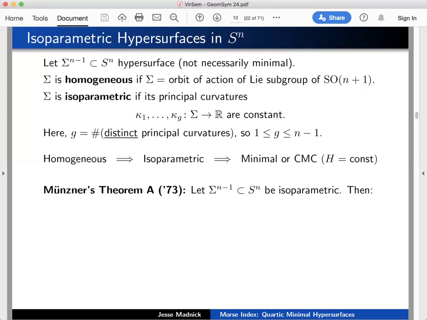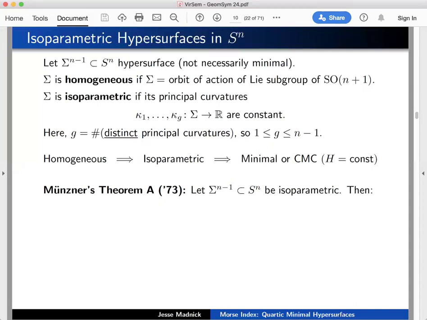Münzner proved some really, truly amazing results. I'm going to summarize some of Münzner's results in two results that I'm going to name theorems A and B. Theorems A and B are not their actual names; I have to call them something. Münzner showed the following. Suppose sigma^(n-1) is an isoparametric hypersurface in the sphere. He asked the question, what can g be? How many distinct principal curvatures can there be?